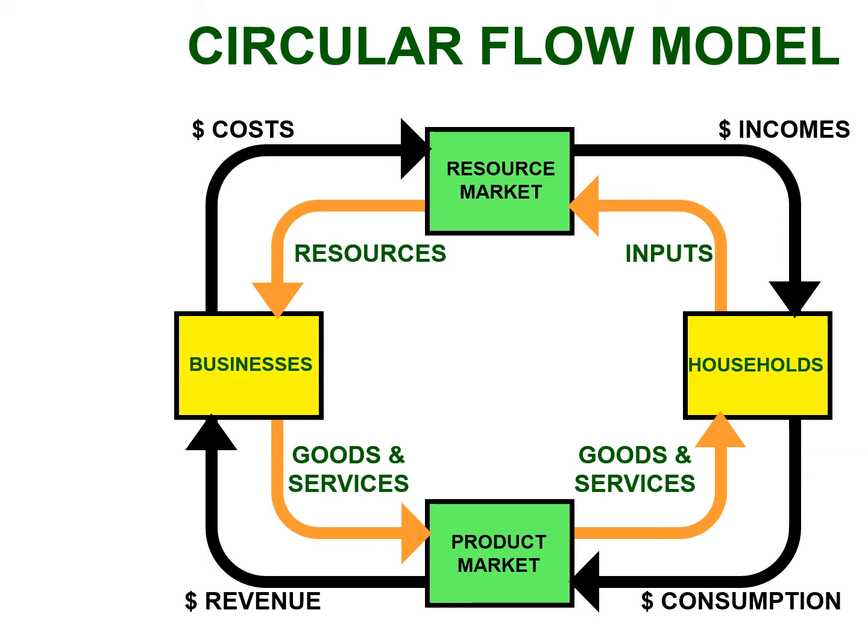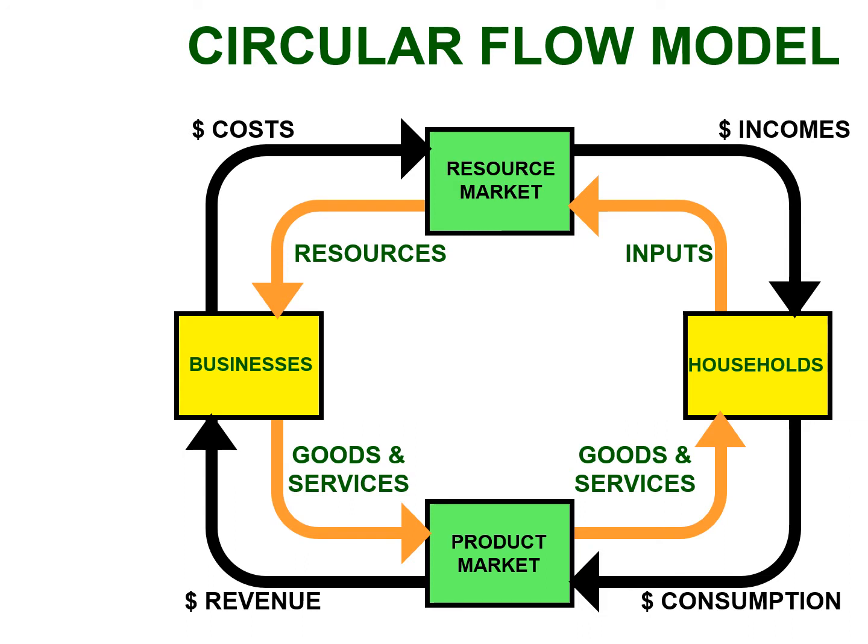Focusing our attention now on the product market, as stated earlier, the situation reverses. Businesses use the resources acquired in the resource market to make goods and services available in the product market.